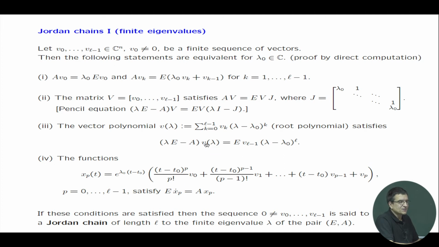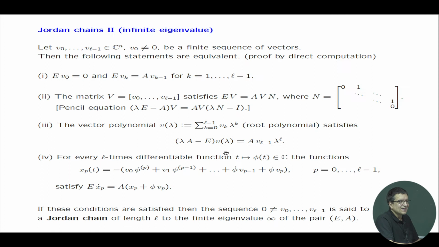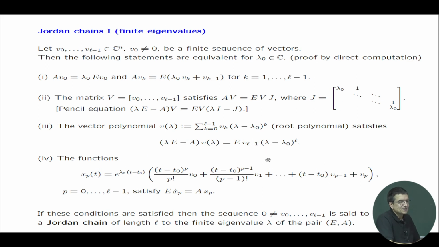So if we multiply the vector polynomial with our pencil, then we get the last vector in the chain multiplied with the highest possible power. So the power here is the length of the Jordan chain.